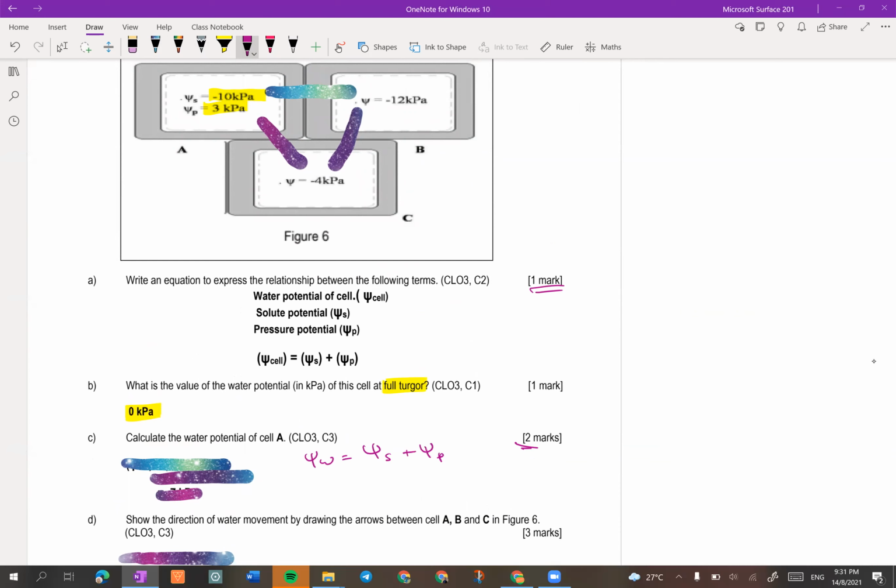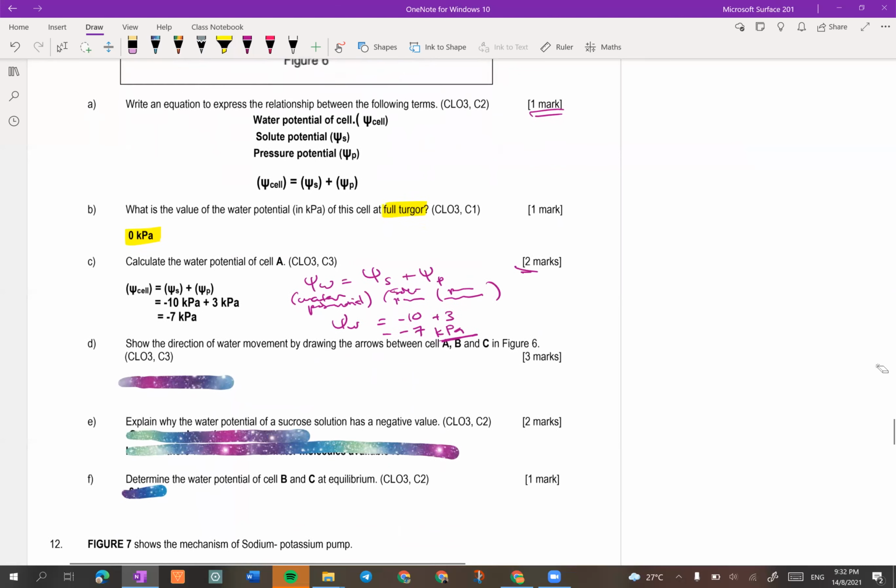If I were you, I would make sure to write water potential here. I don't want to give anyone a chance to blame me. Solute potential and pressure potential. Just write it. Then you write the rest: water potential equals -10 plus 3, and then you get -7 kilopascal. Do not forget about this one. So that's how you're going to get the 2 marks.